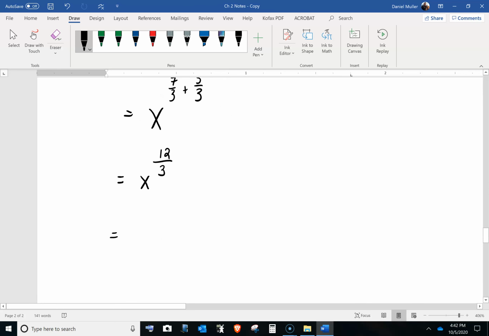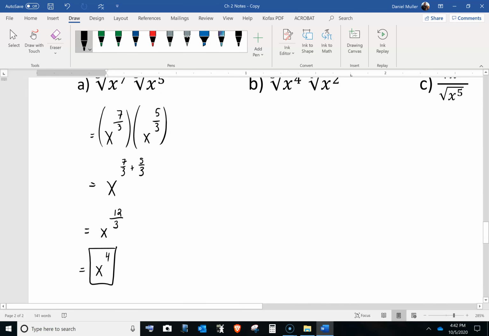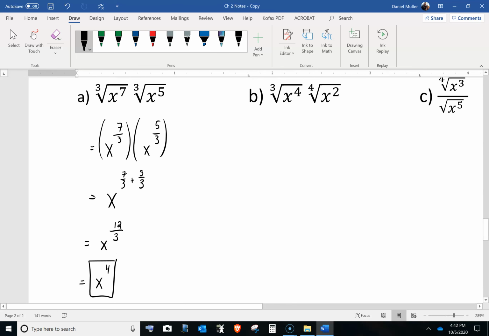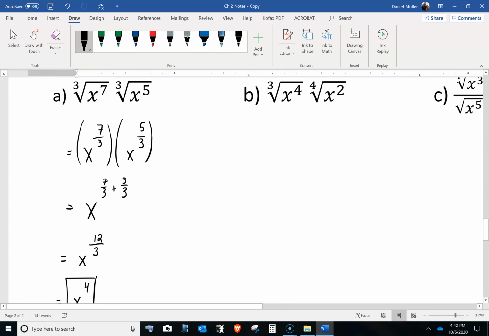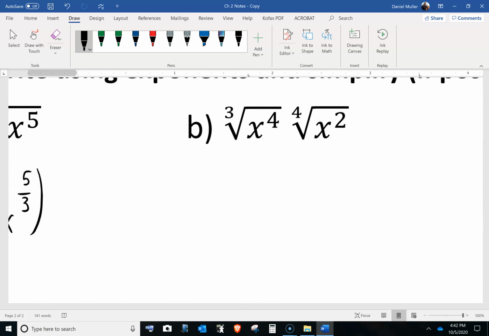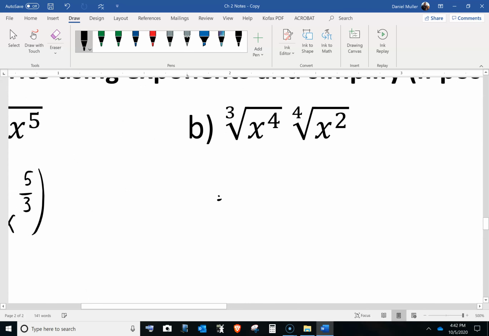So 12 over 3 is an x to the 4. So that worked out really nicely, but they all won't work out quite that simple. So here, the denominator is 3, numerator is 4, so 4 thirds.